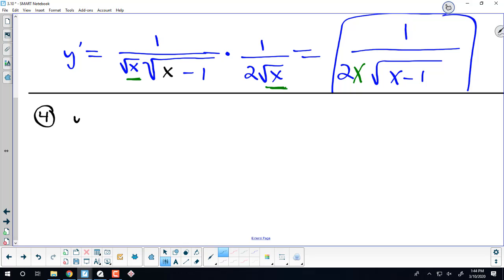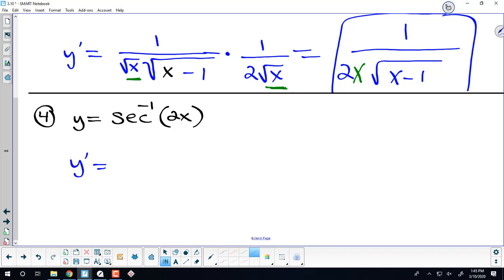So for instance, if y were the inverse secant of 2x, we're just going to take the derivative how the formula tells us to, and then we'll determine: do we have to leave the absolute value or can we remove it? So the derivative of inverse secant was what? How do we take it?